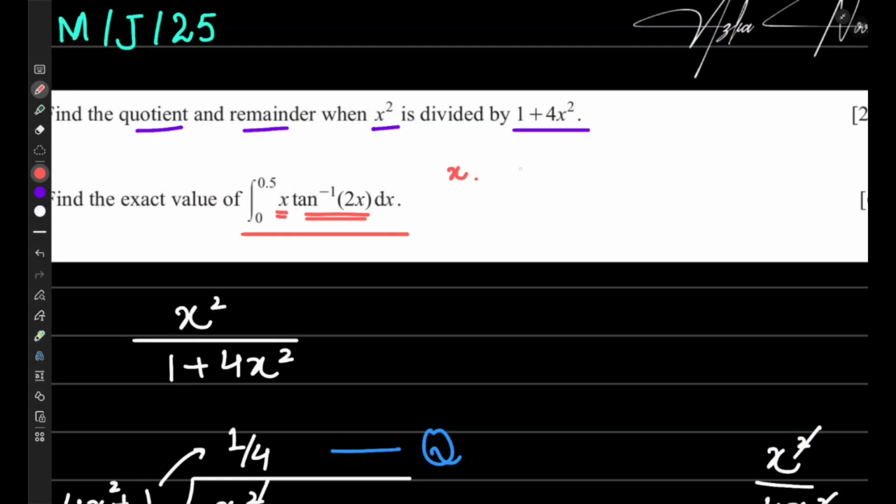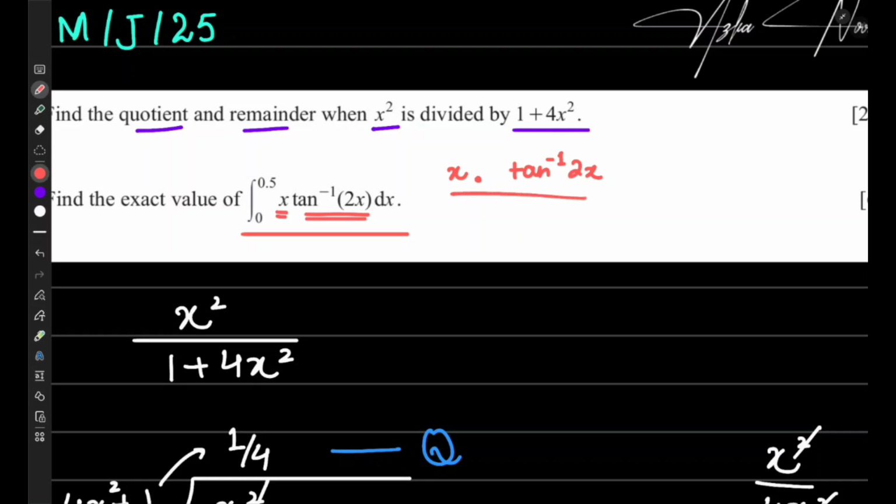One is x and the other is tan inverse of 2x, and there is no way of integrating them in a way that one is the derivative of the other, so we can just integrate one.